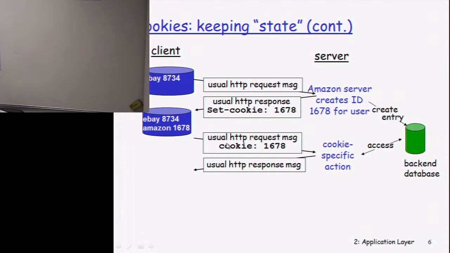Next time you browse the same website again, you send an HTTP request message with this particular cookie 1678. Cookie-specific action will take place, access will be granted to you, and an HTTP response message will be sent back from the web server to the web client.